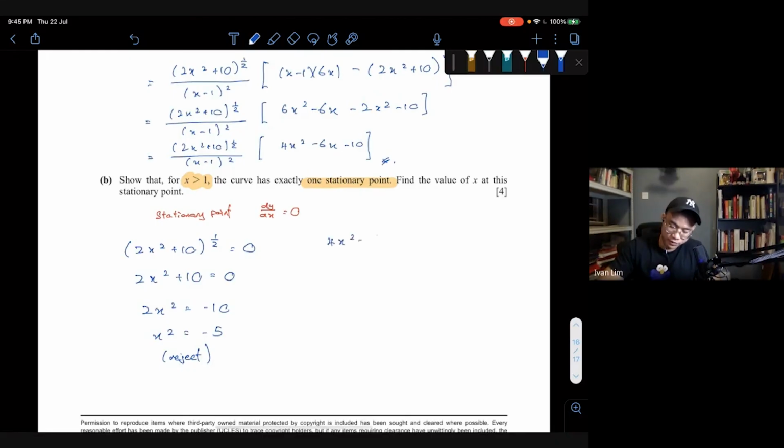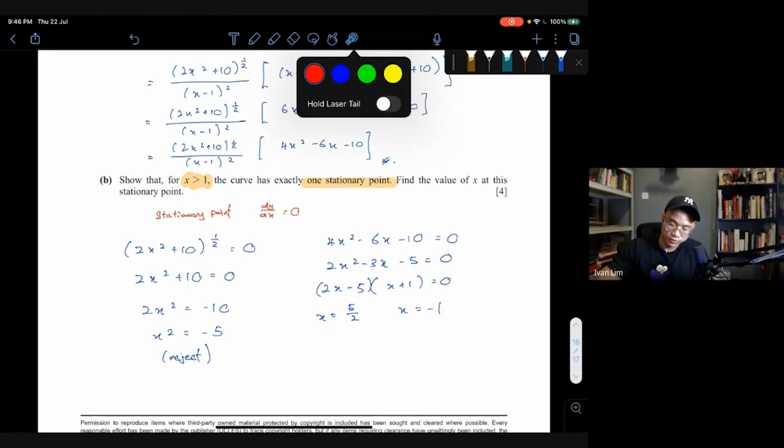The next part: 4x squared minus 6x minus 10 equals 0. Simplify the whole equation: 2x squared minus 3x minus 5 equals 0. Let's factorize this: (2x minus 5)(x plus 1) equals 0. I get x equals 5 over 2 and x equals negative 1.